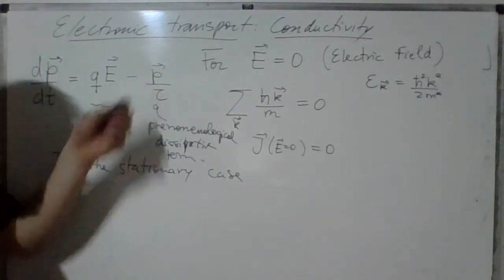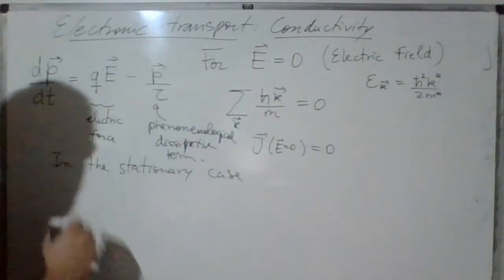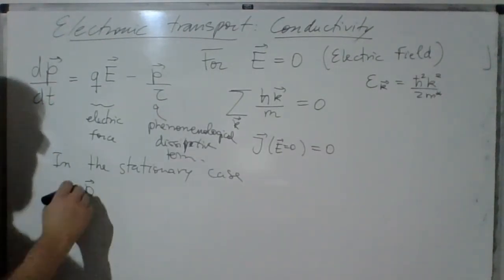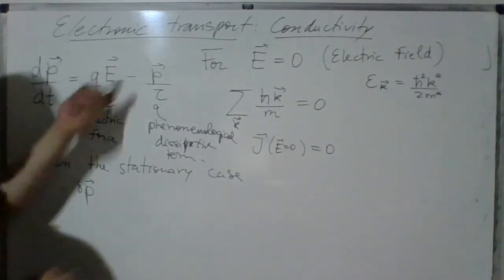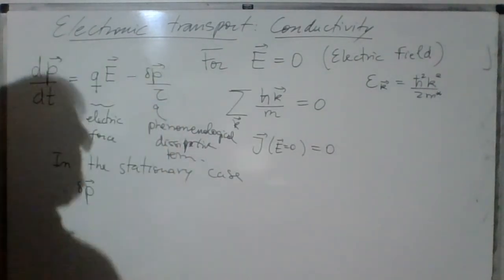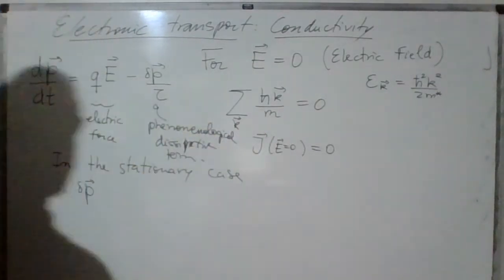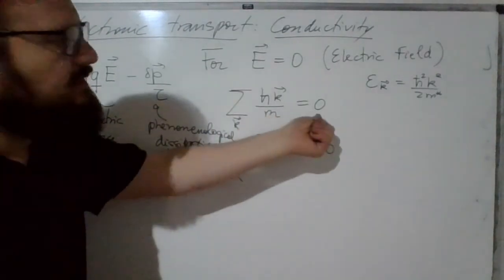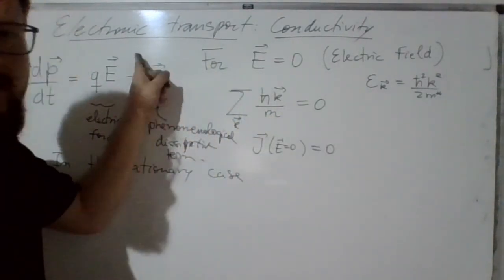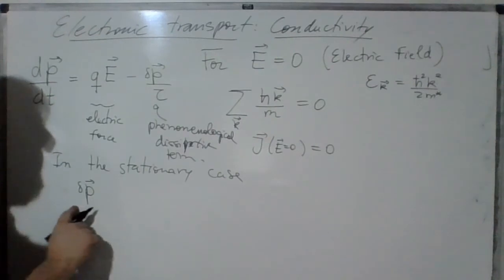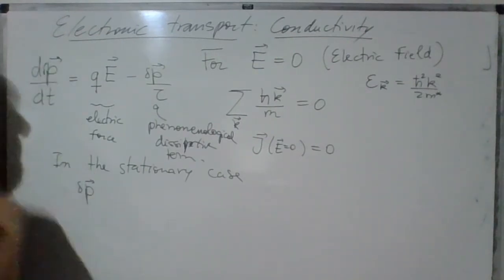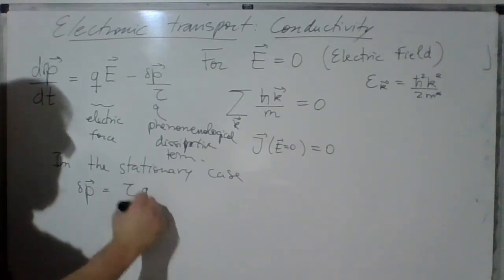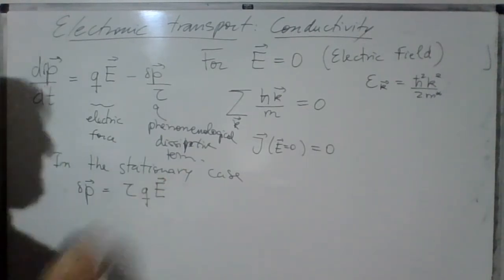So this is included by hand. We would find that P, or delta P, because this is just a slight correction to the momentum, and this is the total momentum, but the total momentum for no applied field is zero, so this is just a correction. This delta P, which is a correction for all the momenta of the particles, corresponds to tau times the electric charge times the electric field.